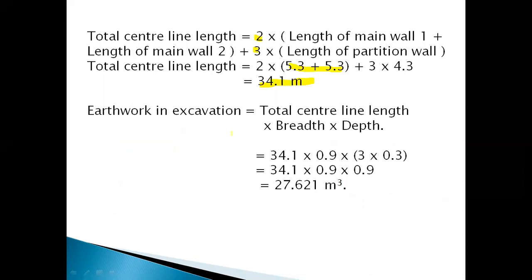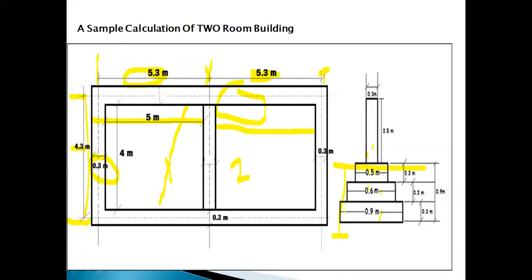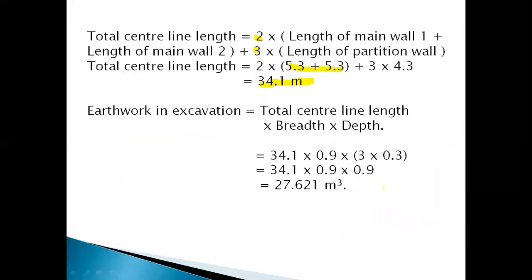So how to calculate the excavation? Total central line length into breadth into depth. It comes in the unit cubic meters. So total central line length is 34.1 into breadth, taking the CC bed breadth 0.9, and depth from ground level 0.9.